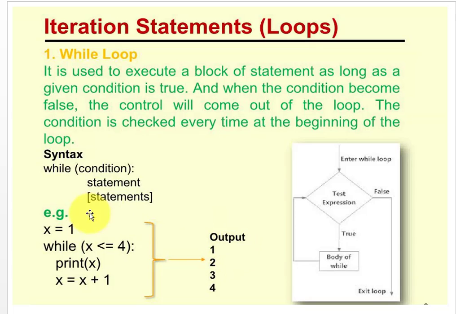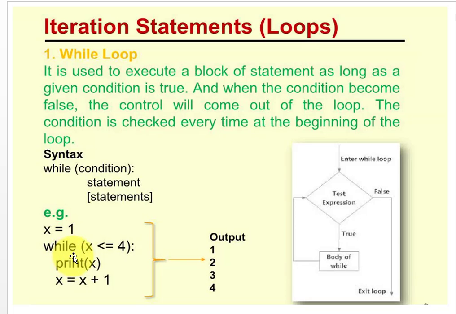First you have to initialize a variable. This is the initialization. I initialize x equal to 1 because I want to print numbers starting from 1. Your initial number is 1, so I assign 1 to the variable x.